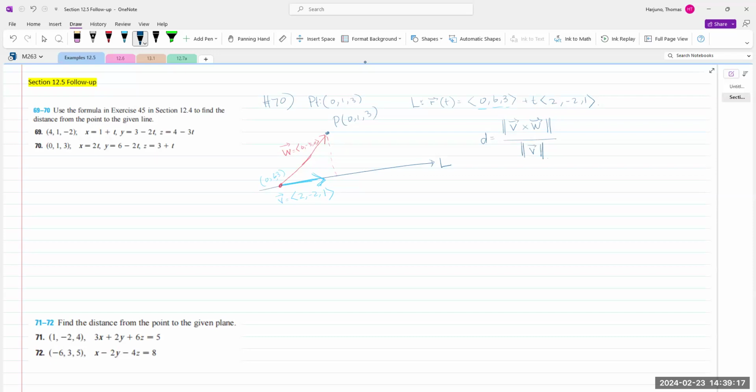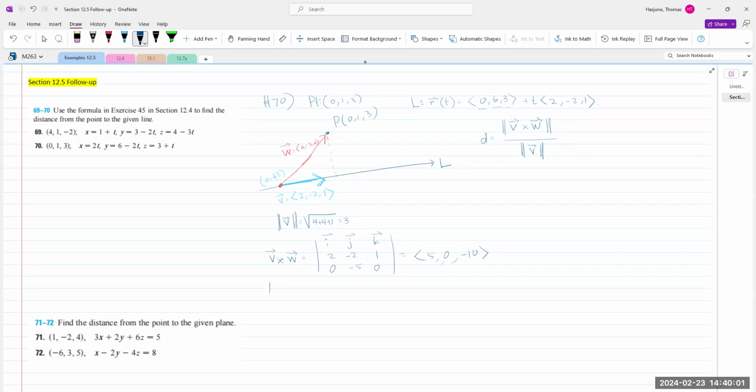Now the length of vector V is 3, right? Square root of 4 plus 4 plus 1, that's 3. Now how about the cross product? So the cross product is (5, 0, -10).